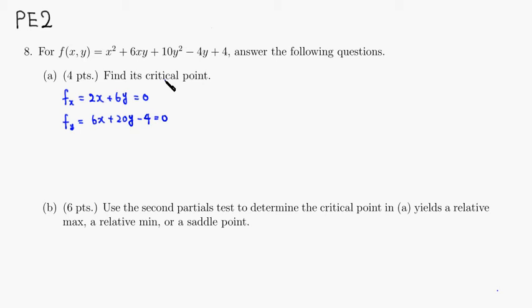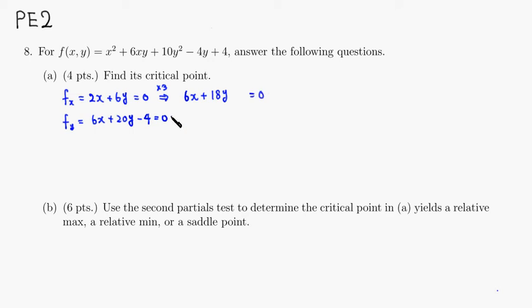So we got that. Then maybe we want to multiply the top equation by, say, 3. Multiply this by 3, so we get 6x plus 18y equals 0.